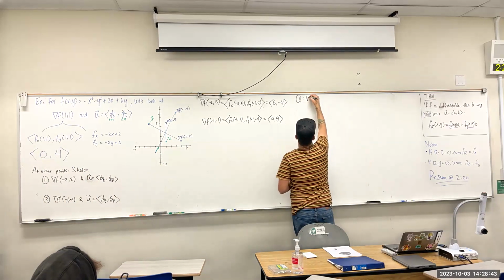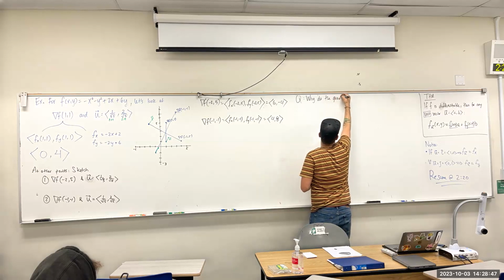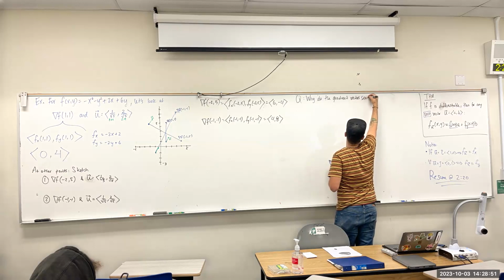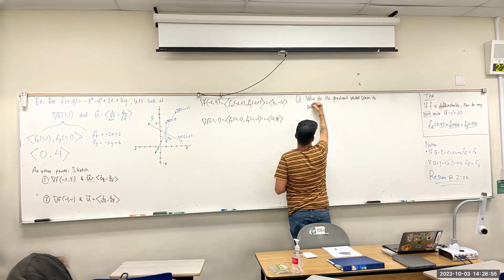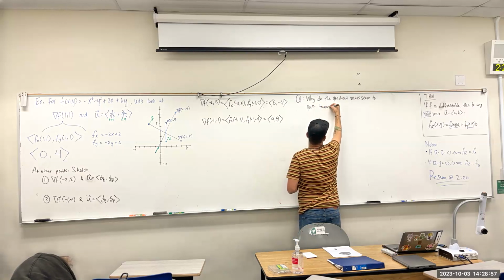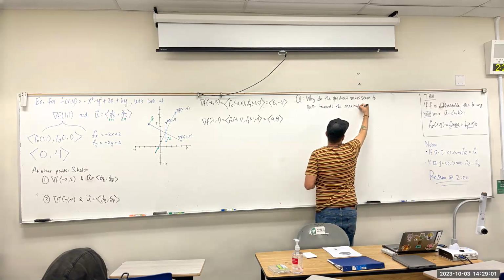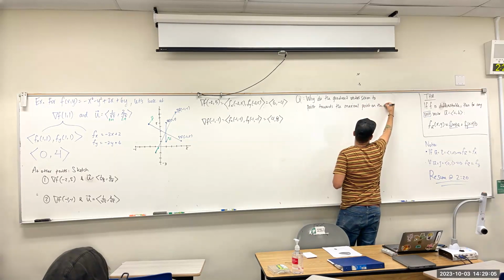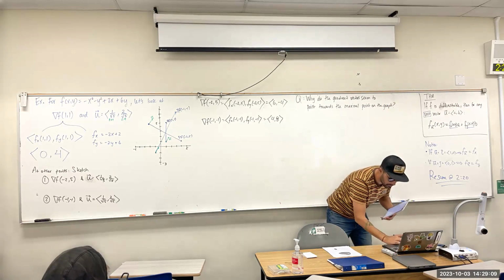So the question: why do the gradient vectors seem to point towards the maximal point on the graph from what we were looking at?